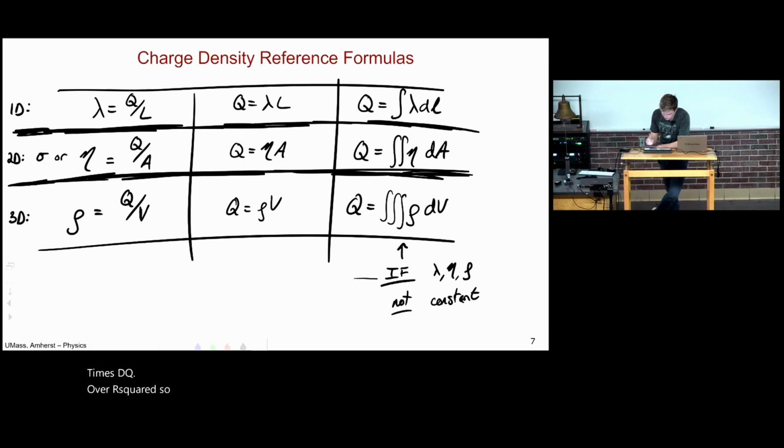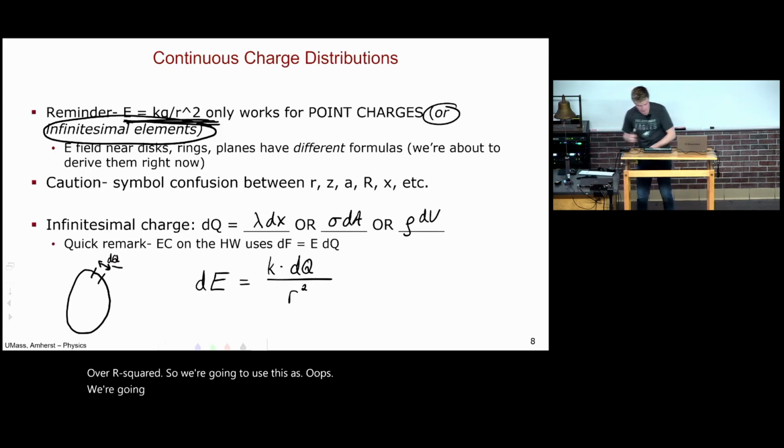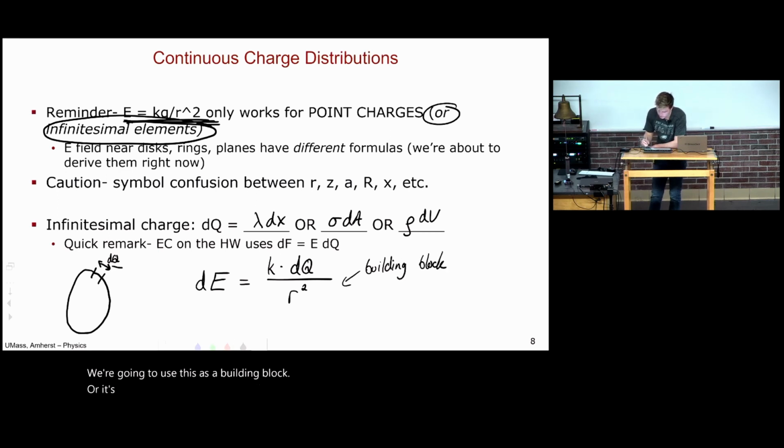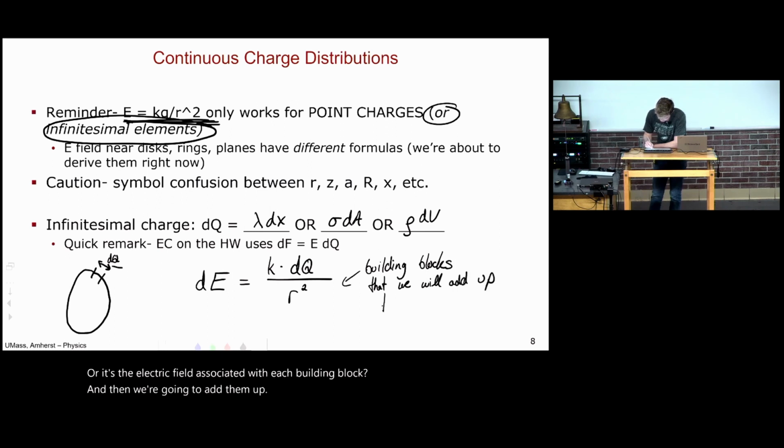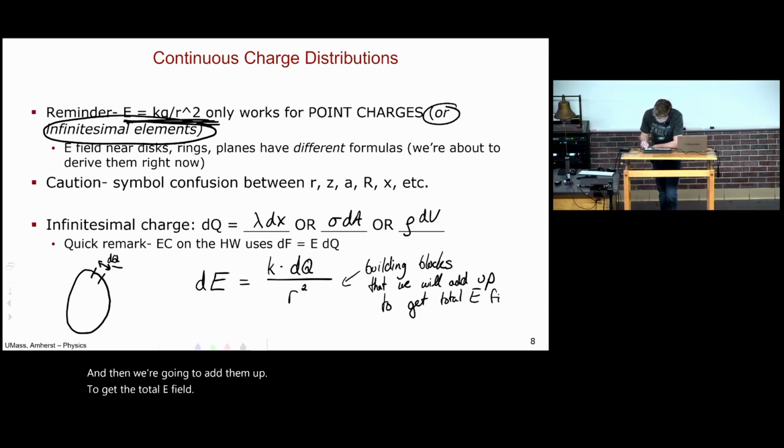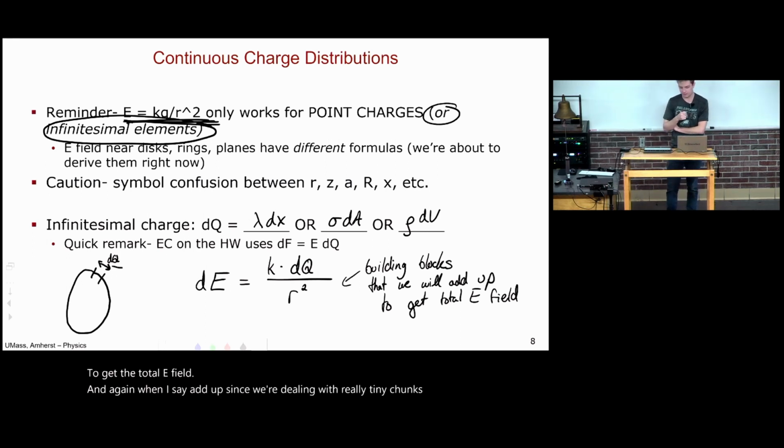So we're going to use this as a building block, the electric field associated with each building block, and then we're going to add them up to get the total E field. And again, when I say add up, since we're dealing with really tiny chunks, instead of summing, we're going to integrate.